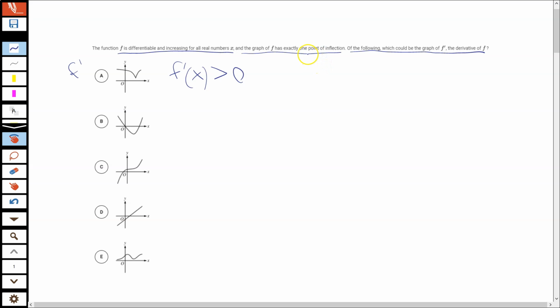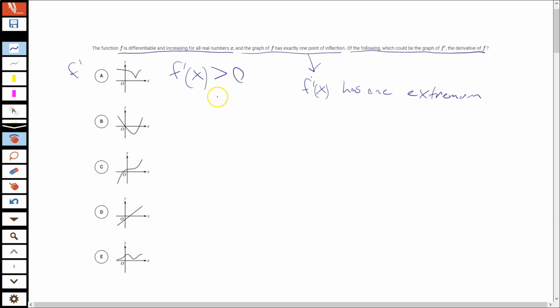So 1 point of inflection means that the second derivative is equal to 0 at 1 point, right? And that means that my first derivative has 1 extremum. So we're looking for a graph that satisfies these two things.